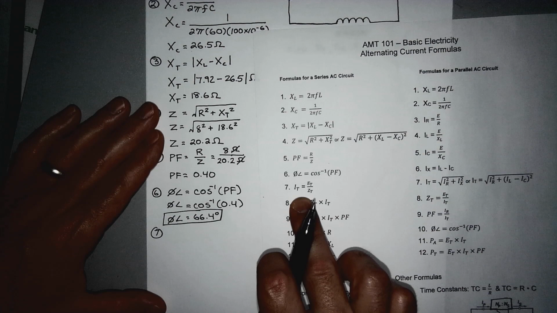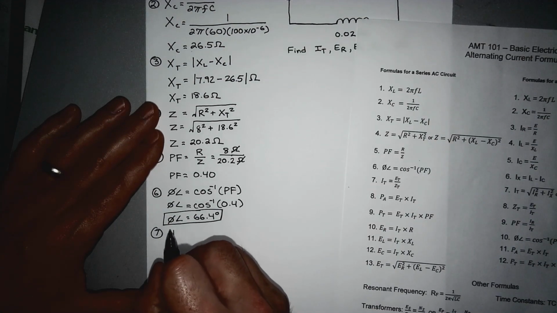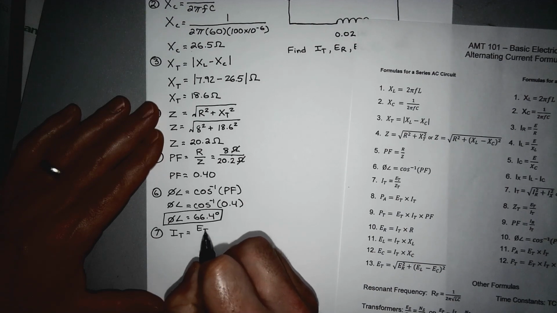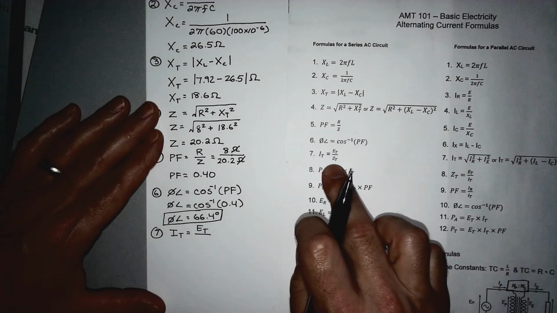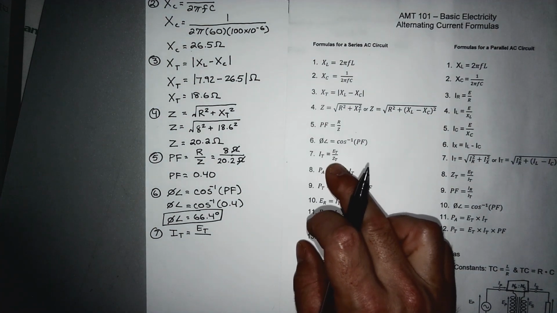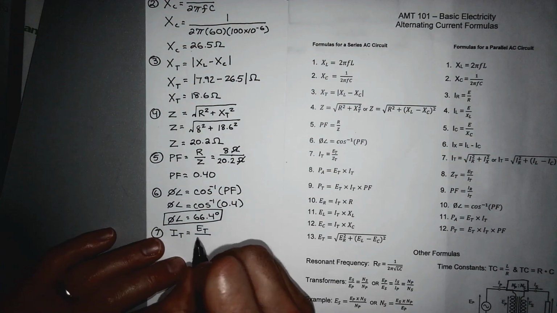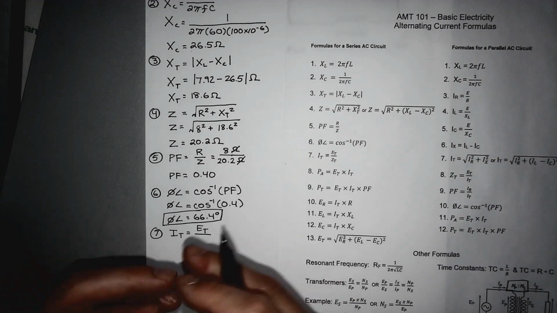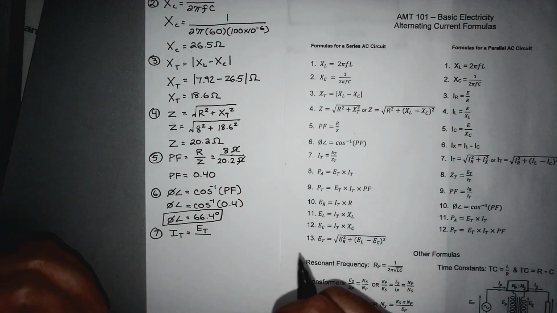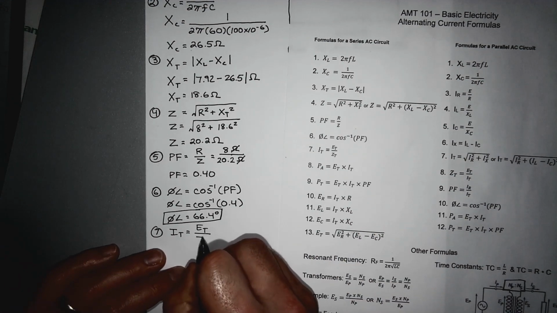I sub T is number 7, so I sub T equals E sub T over, and the formula sheet says Z sub T. Z and Z sub T are one and the same, okay? When you find Z, remember Z is the effect of the total resistive forces, so it is a total in and of itself.